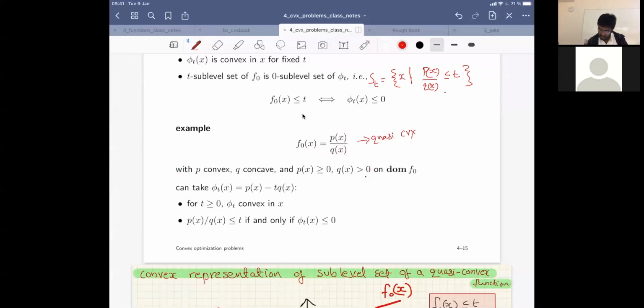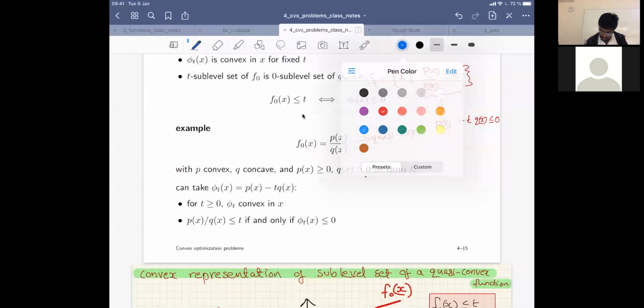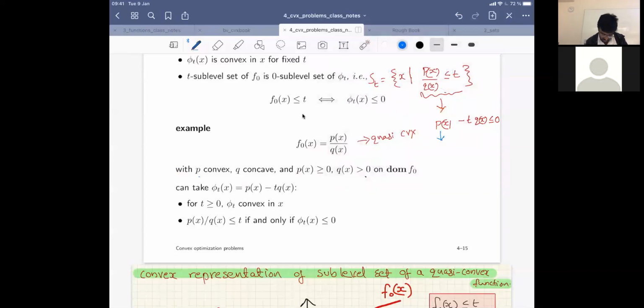I can write this as p(x) minus t q(x) less than or equal to 0. So this is a convex function. Q is concave, so then minus Q is convex. But t times minus Q depends on whether t is positive or not.